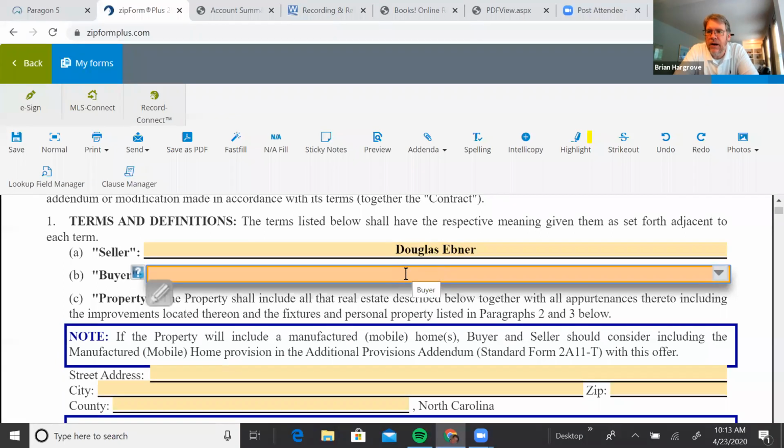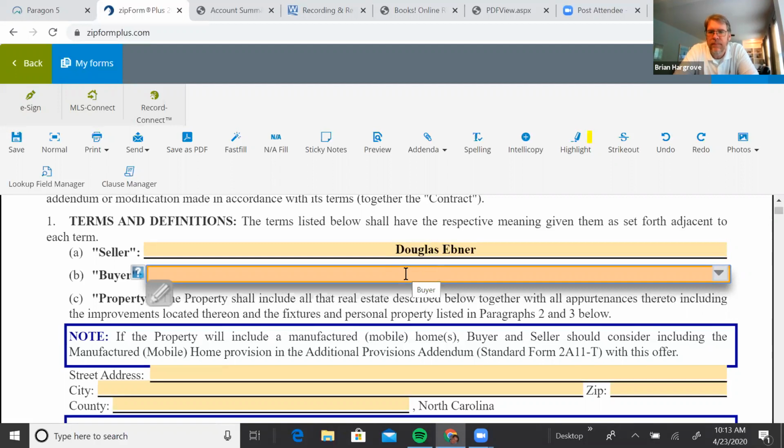Now for the buyer, the question with your buyers is, who's going to be on the loan? If it's husband and wife, are both going to be listed as buyer? A lot of times that's lender driven. If both are going to be on the loan, typically they're going to want both people to be on the contract. As a reminder, in North Carolina, even if the spouse is not on, they have marital rights.